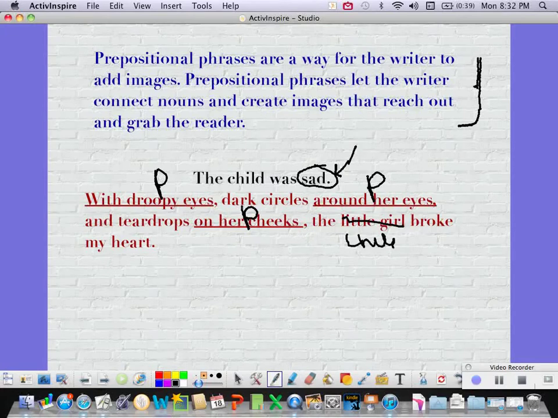Now, which one can you see? Sad or with droopy eyes, circles around their eyes, teardrops on her cheeks? Which one is easier to see? I took prepositional phrases and I substituted them for this blah adjective, sad.